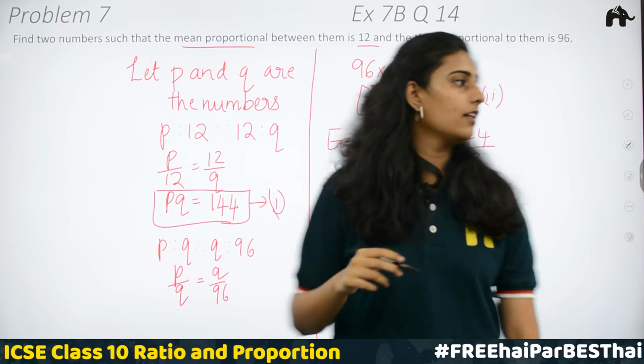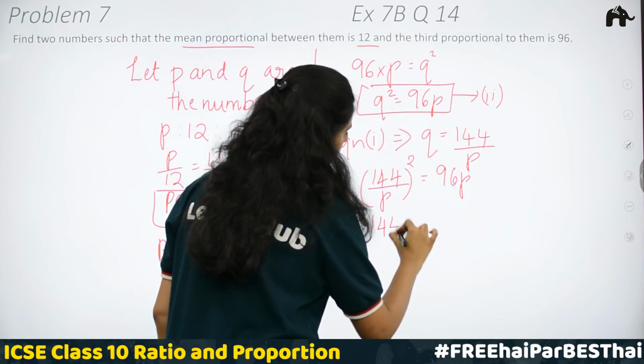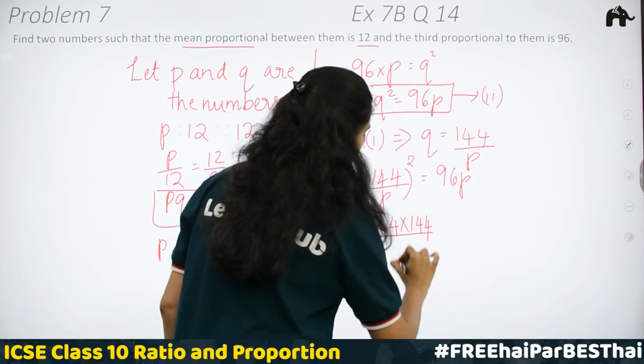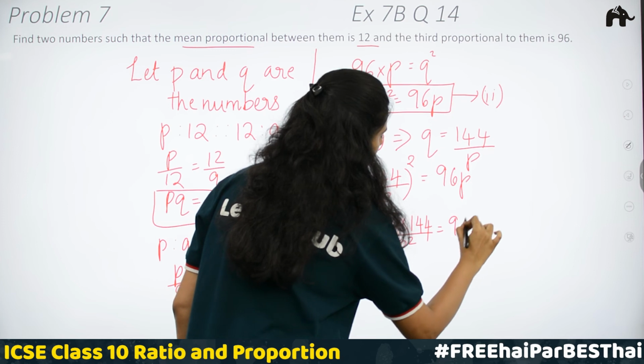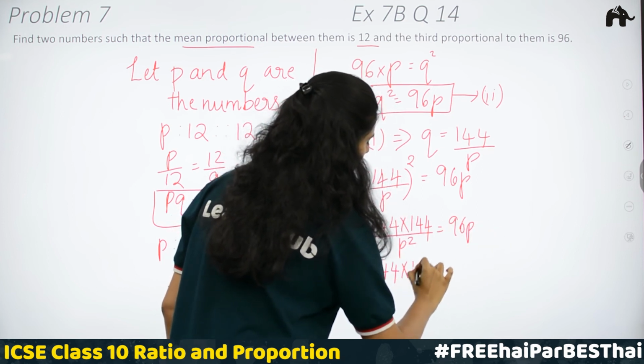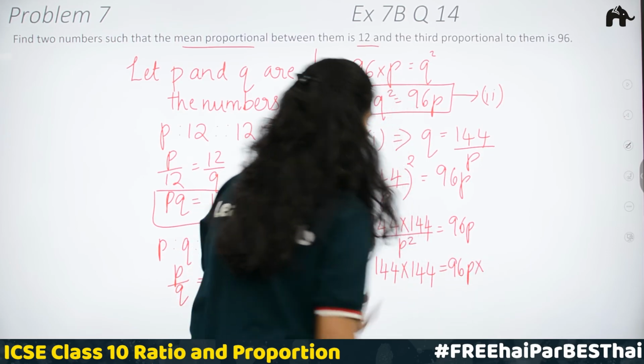Now this is 144 into 144 divided by P square is equal to 96P, or 144 into 144 is equal to 96P into P square.